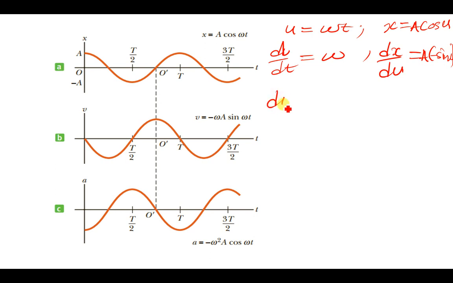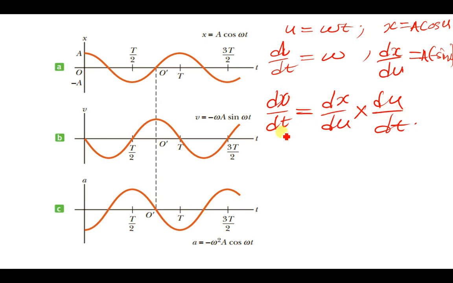So according to chain rule, in this case we're dealing with x and t. So dx dt, according to chain rule, will just be dx du times du dt. So when you multiply the two, they are supposed to give you this, because you know that this du and that du cancel.